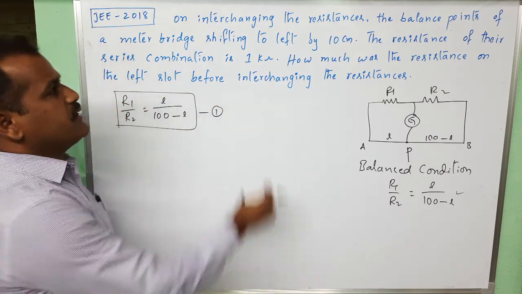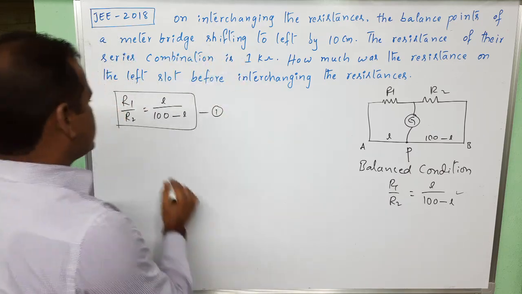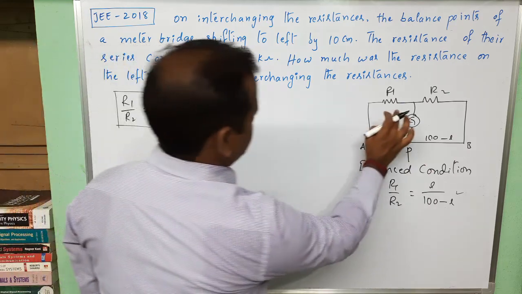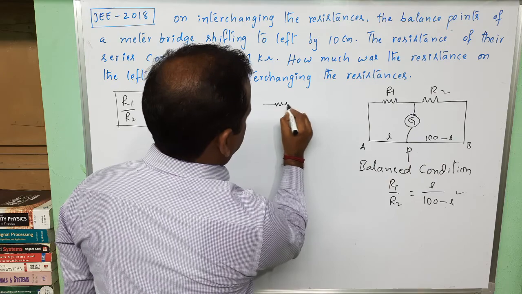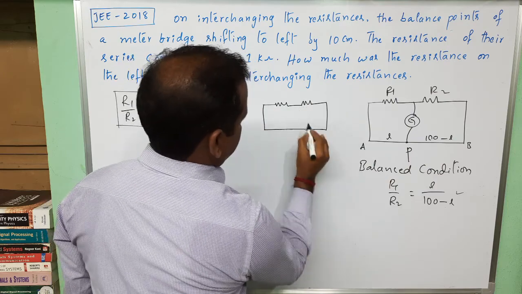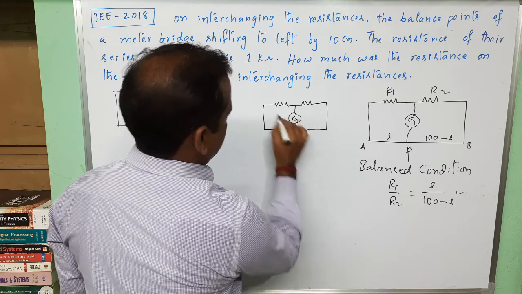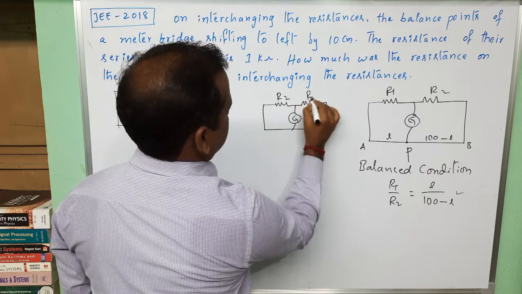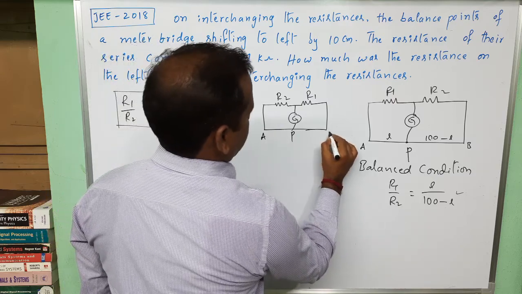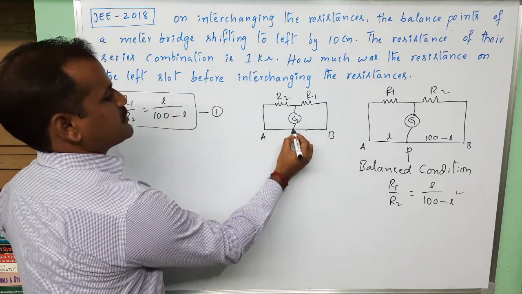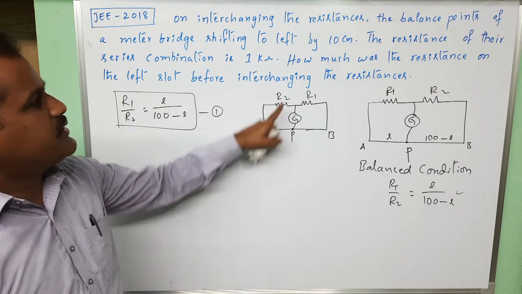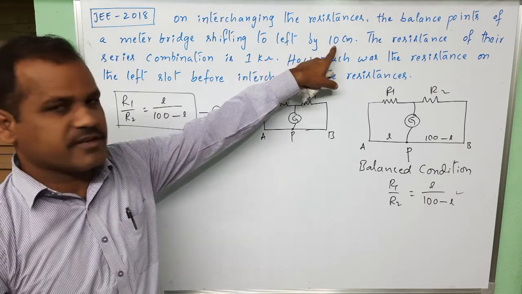Next one, on interchanging the resistances, that means the second case, the bridge is having the resistances interchanged. That means this should be R2, this should be R1. So P is the balance condition point. This length is telling that it shifts left by 10 centimeters.